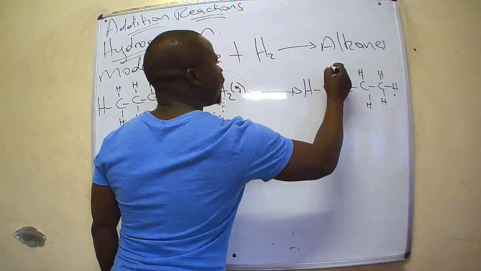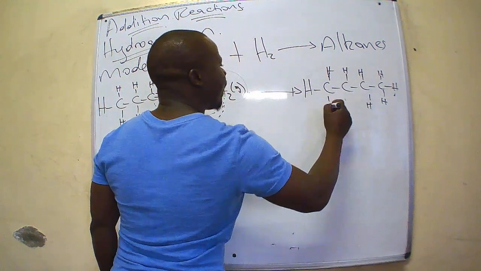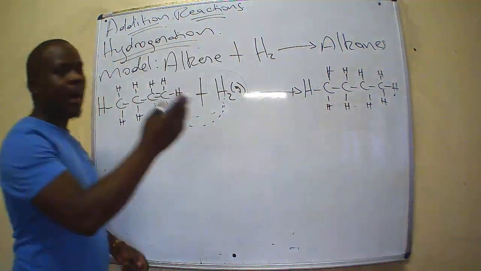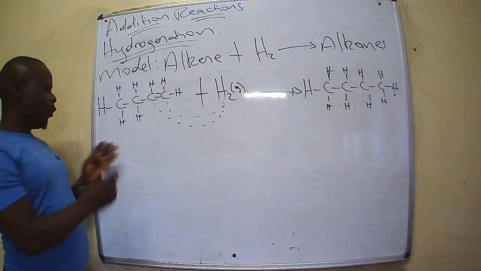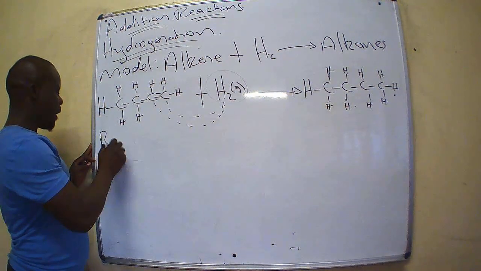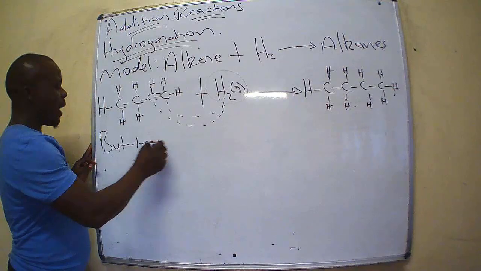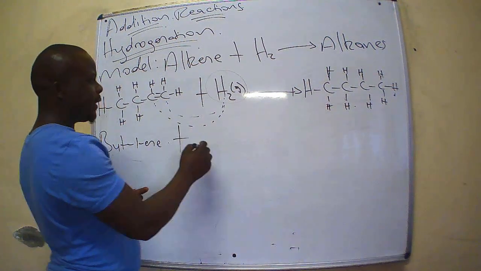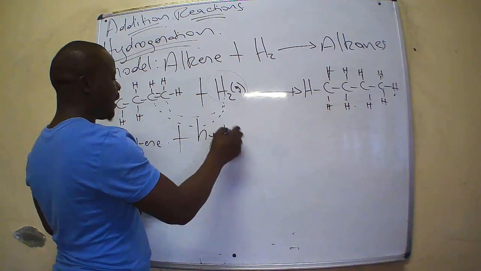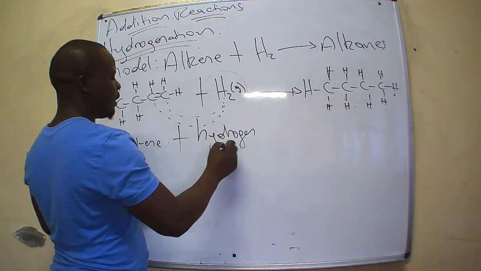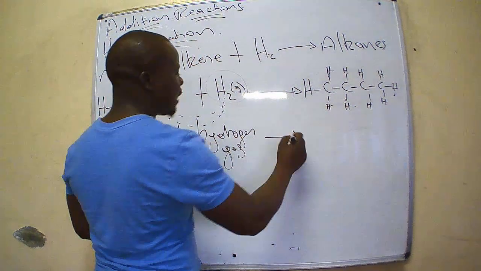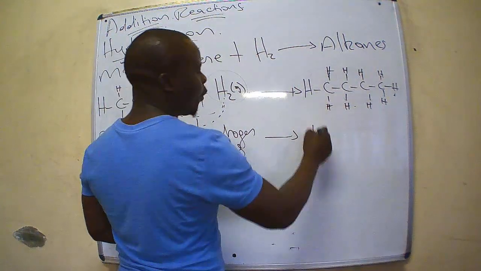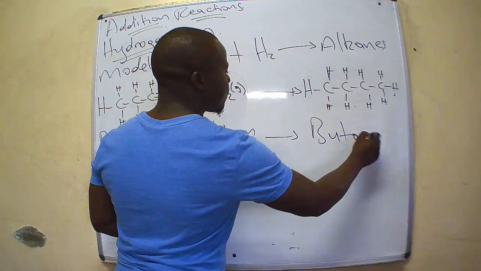What we now have is an alkane. So this was butene 1, and butene 1 reacted with hydrogen gas, and the result that we have is butane.